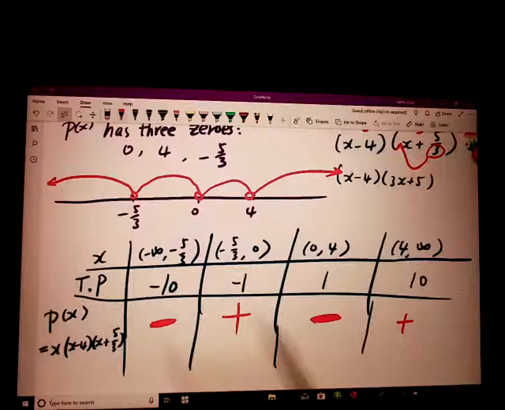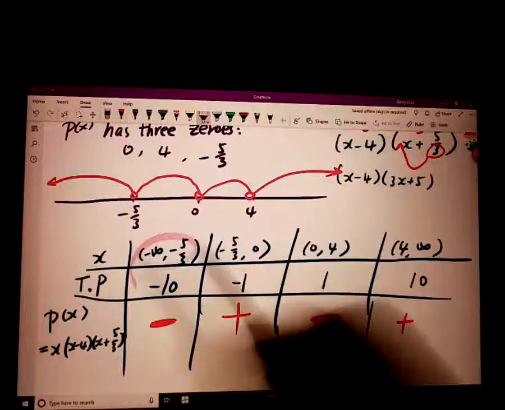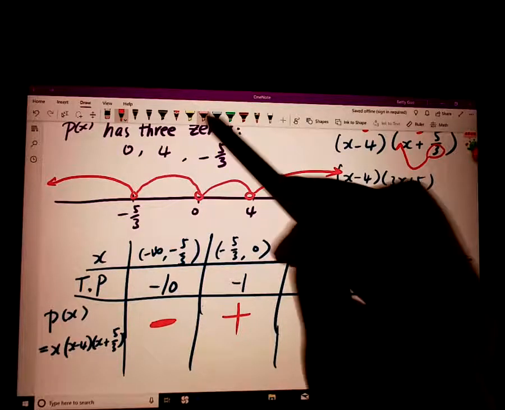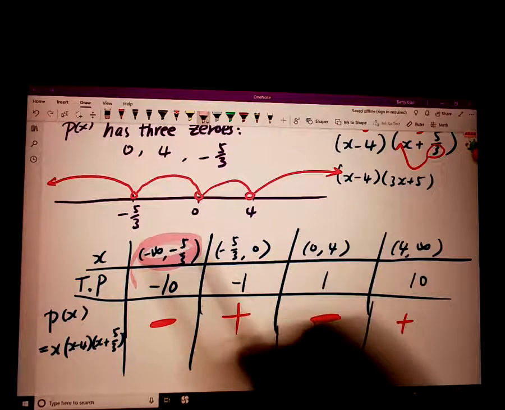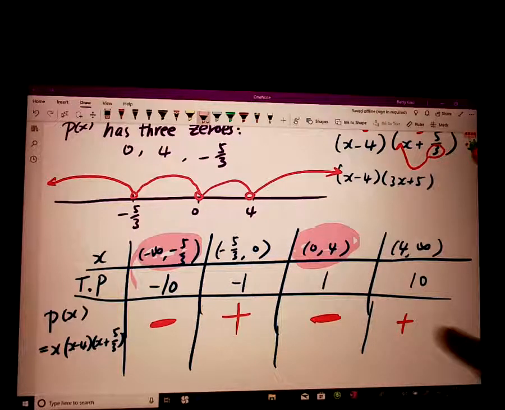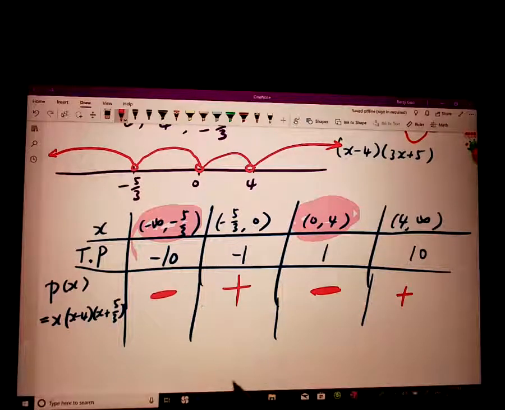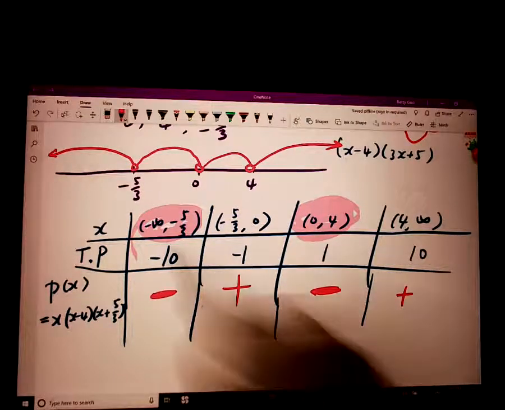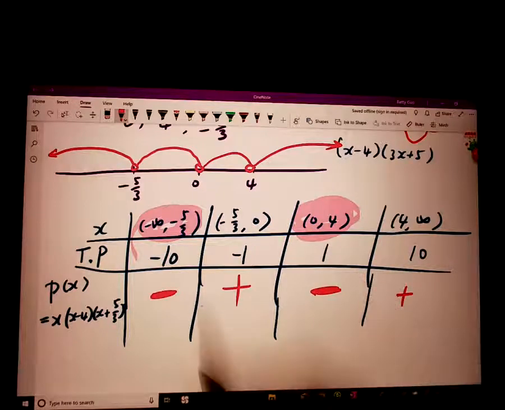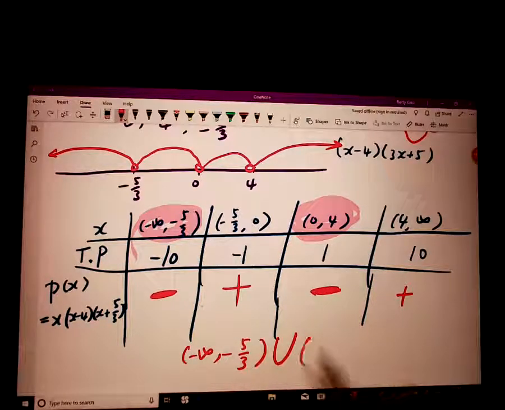So this one is negative, right? And this one. You see what I'm saying? So the solution set of the original inequality is going to be the union of those two intervals: negative infinity to negative 5 over 3, union 0 to 4.